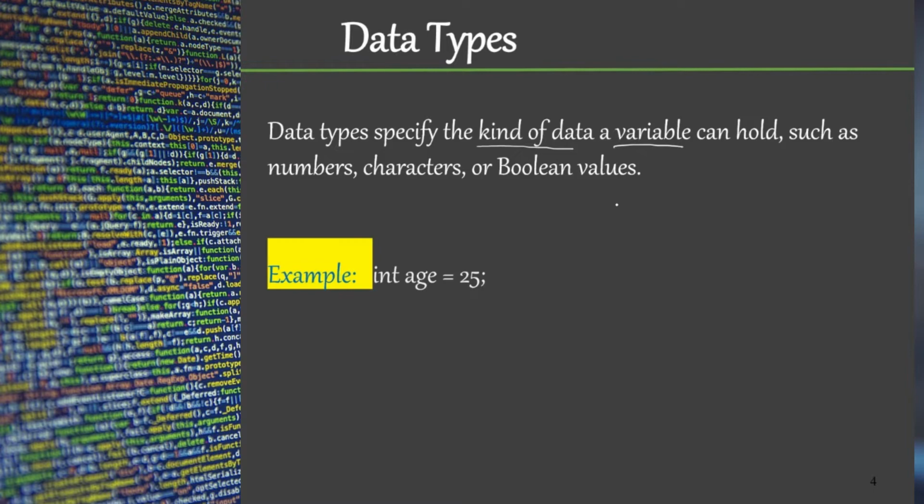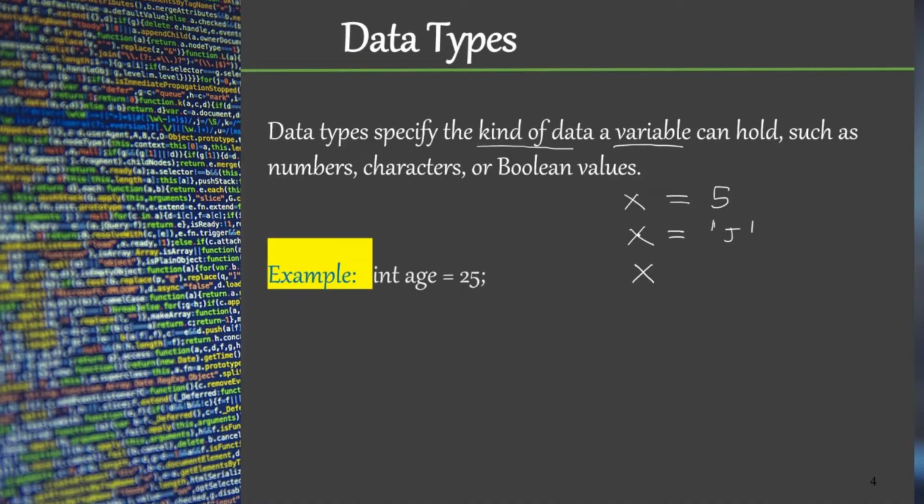Let's say a variable X, and what type of data it can hold or possess is its data type. It can possess a number, or it can possess a character also. A character in Java is identified by the single quote literal. So it can possess a character like J, or it can be a Boolean value also.